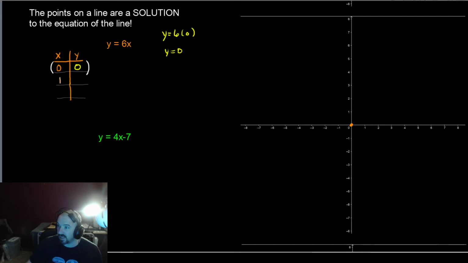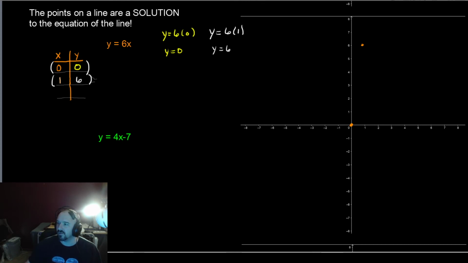Then y is equal to 6 times 1, which is just y equals 6. So I plug a 6 in there, and then I make a point. Now (1, 6) is another point on my line. So over 1, up 6, right about there. When you have grid lines on your graphs, it's way easier to graph. Here I'm just kind of winging my way through it.